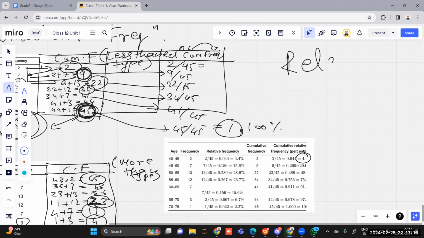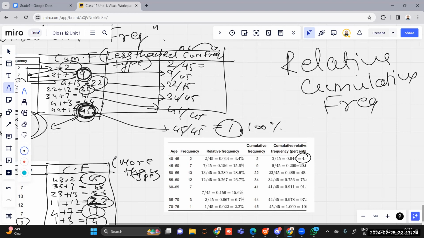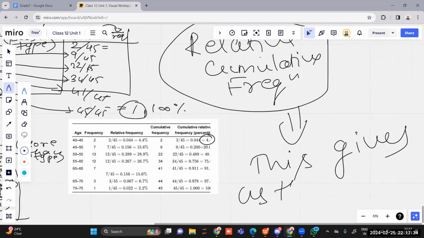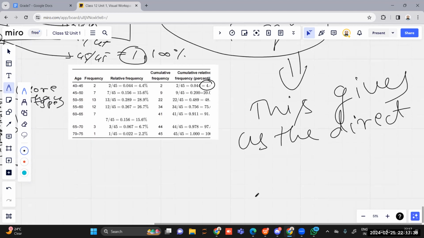Why are we studying relative cumulative frequency? This has an advantage. It gives us the direct value of the percentile.